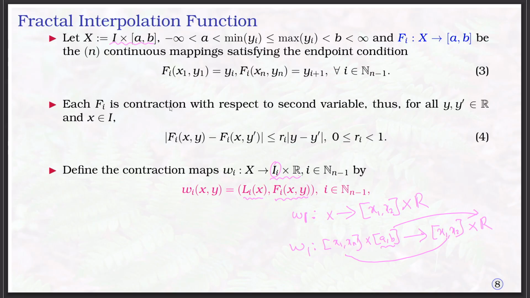Now one can show that if Li and Fi are contraction mappings, then Wi becomes a contraction.